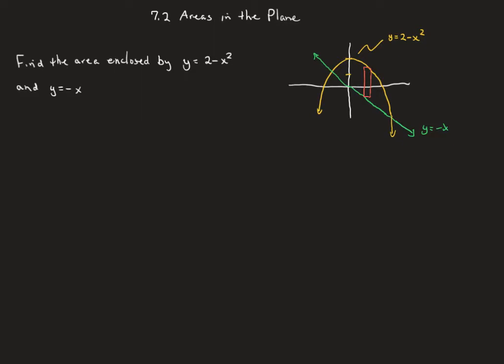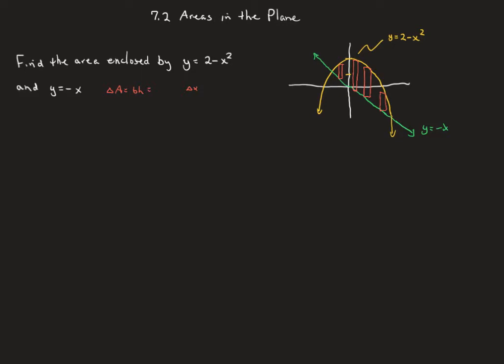So although these rectangles may change in size at various places, they're still going to have that same top curve, bottom curve situation. Our delta area, the area of that one rectangle, will be its base times height. The base is going to be that delta x, a little piece of the x-axis.